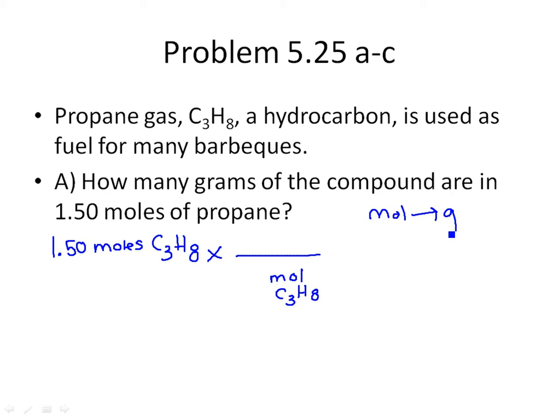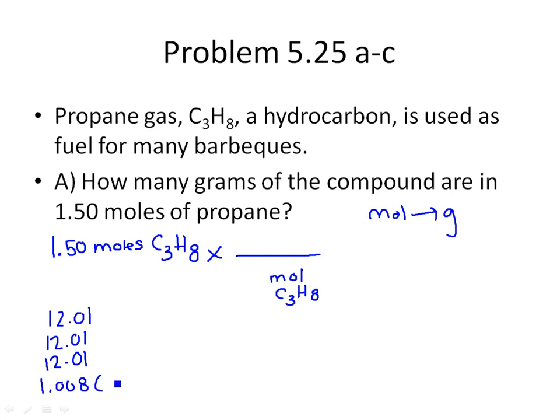If you use your periodic table, you can see that carbon has an atomic mass of 12.01. But we have three of these, so 12.01 times 3, or 12.01 plus 12.01 plus 12.01. And then for hydrogen, 1.008.